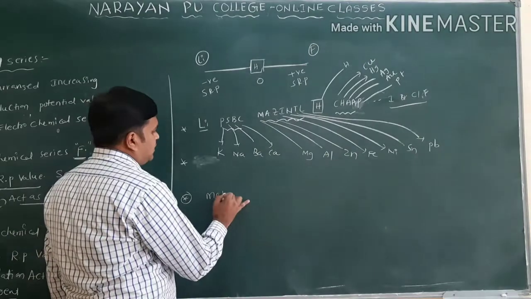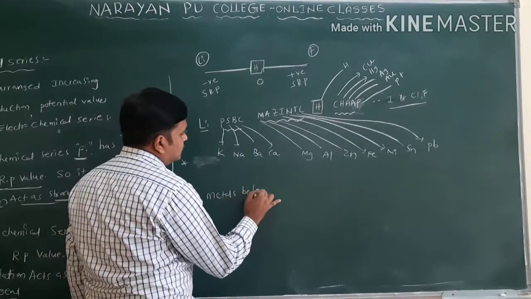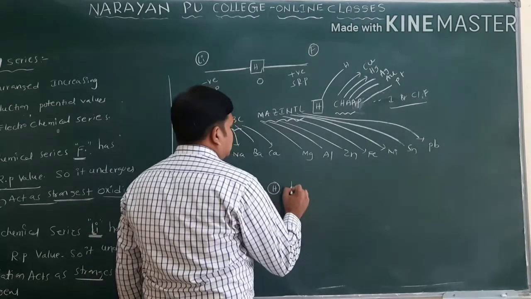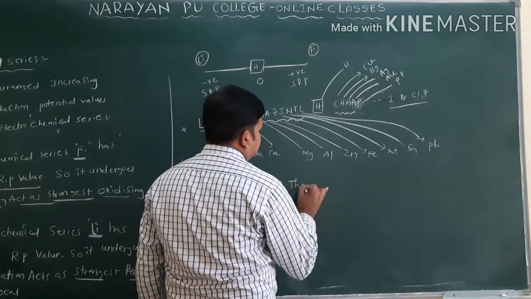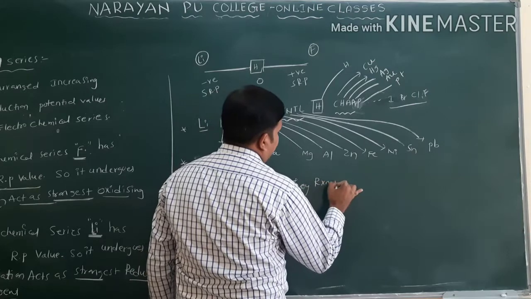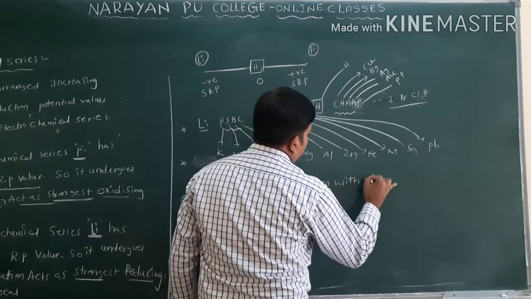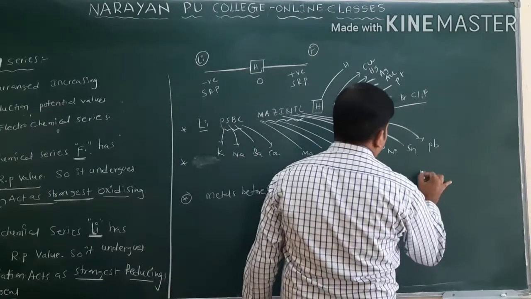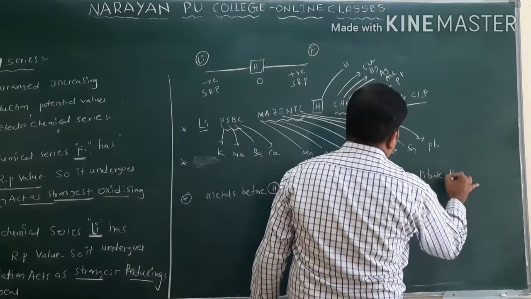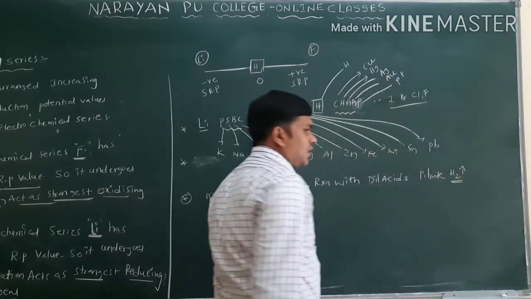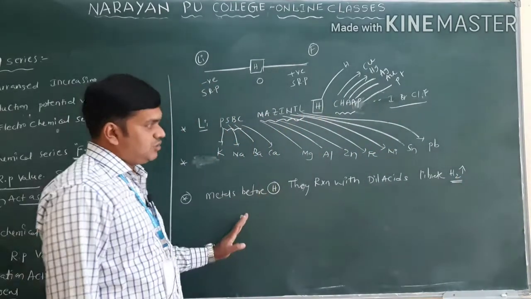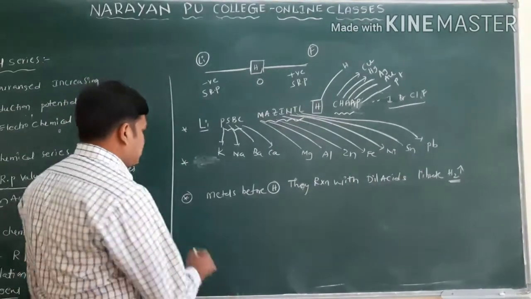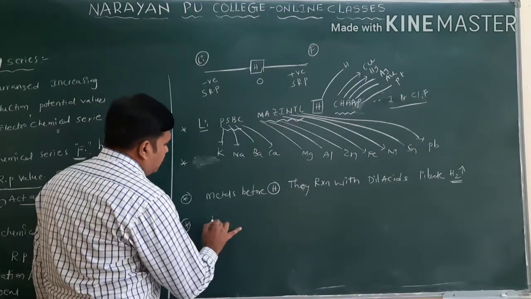I will write here: metals before hydrogen, their reaction with dilute acids liberates hydrogen gas only. Metals which are present before the hydrogen, their reaction with dilute acids, they liberate hydrogen gas only.